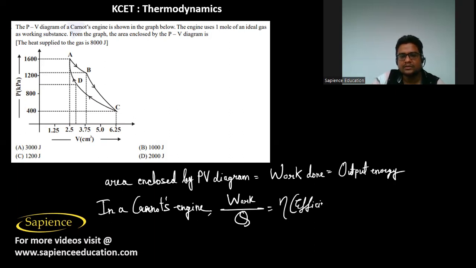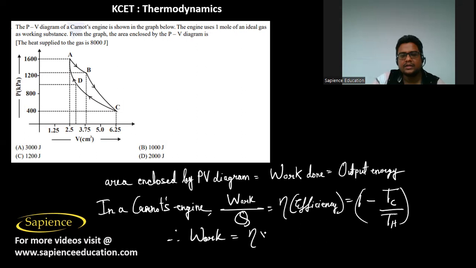It is equal to 1 minus the temperature of the cold reservoir by the temperature of the hot reservoir. So the work done can also be found as the efficiency times Q, where Q is the heat supplied to the gas.